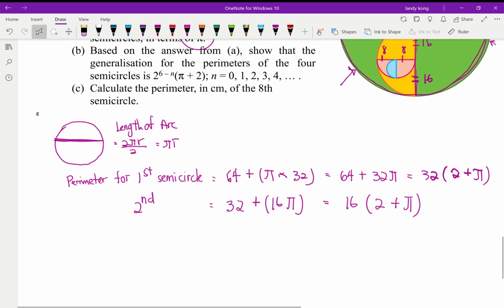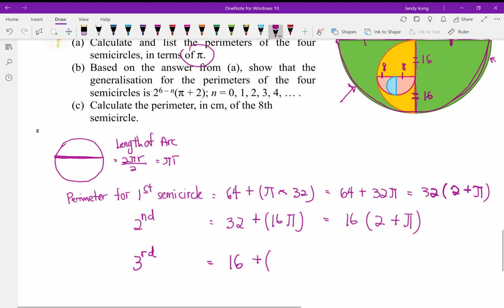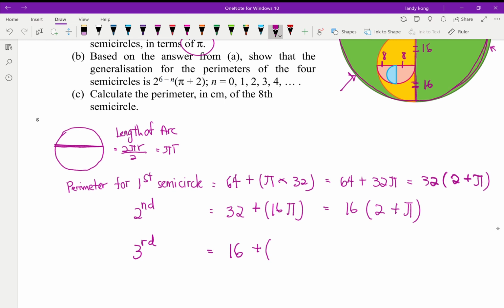Okay, followed by the third semicircle. The radius is 8, so the diameter is 16, plus pi r. Pi r, the radius is 8, so it is 8 pi.